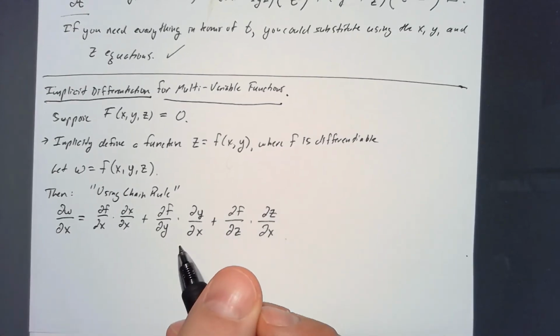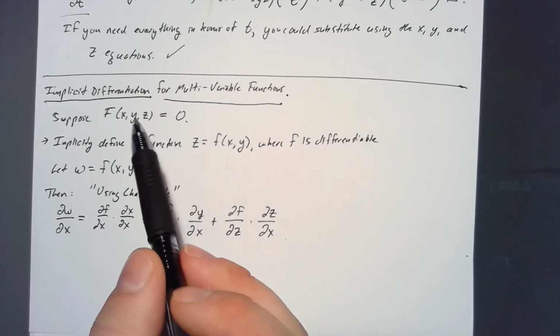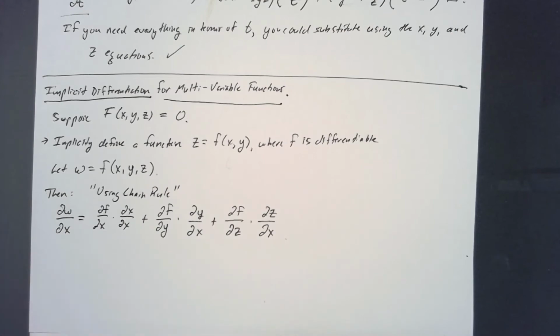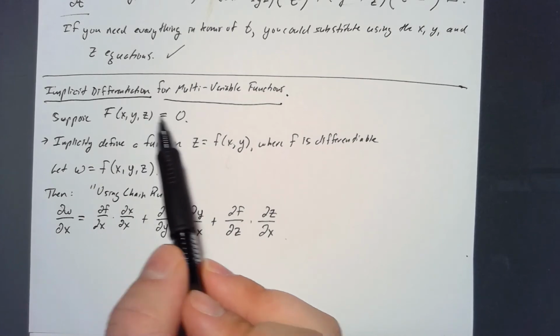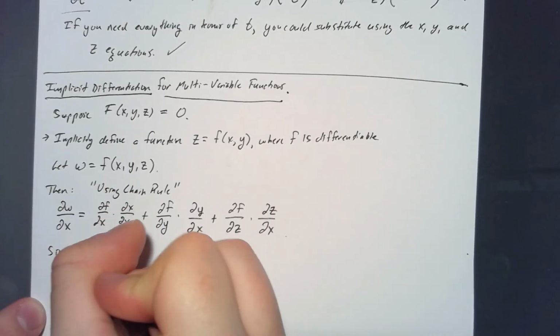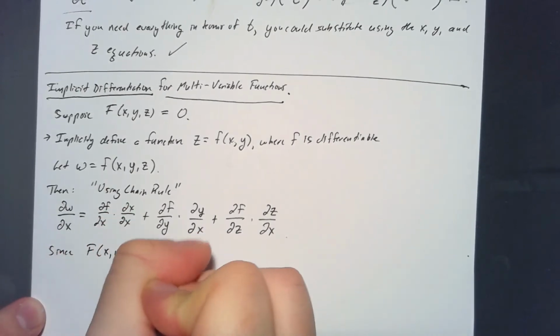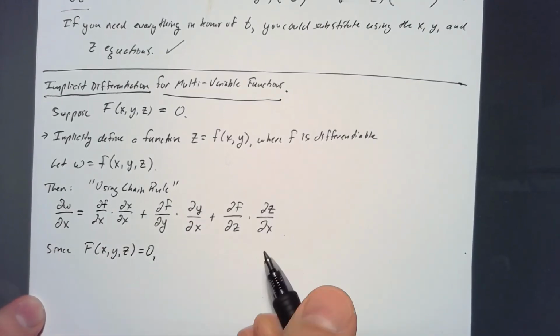Okay. But I want to find a way to find the derivative of this function implicitly. So if I look at this the way I did it, since I'm making this assumption that the function is equal to 0, I could say the following.